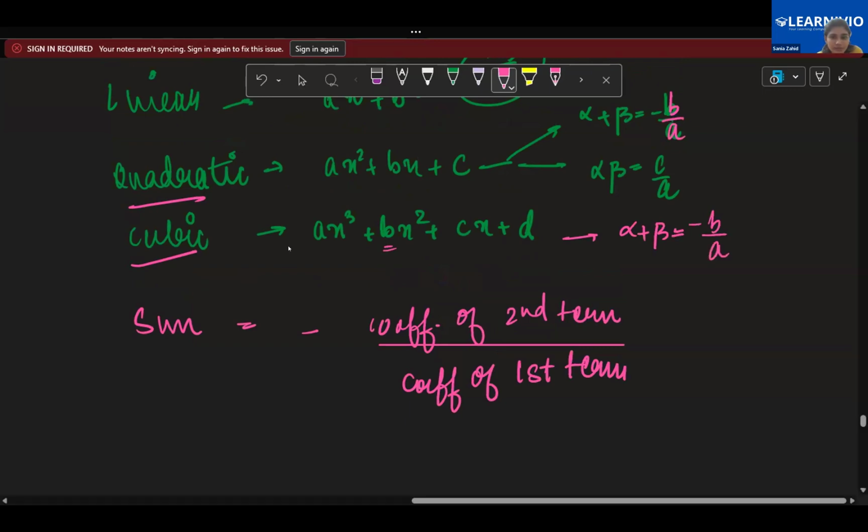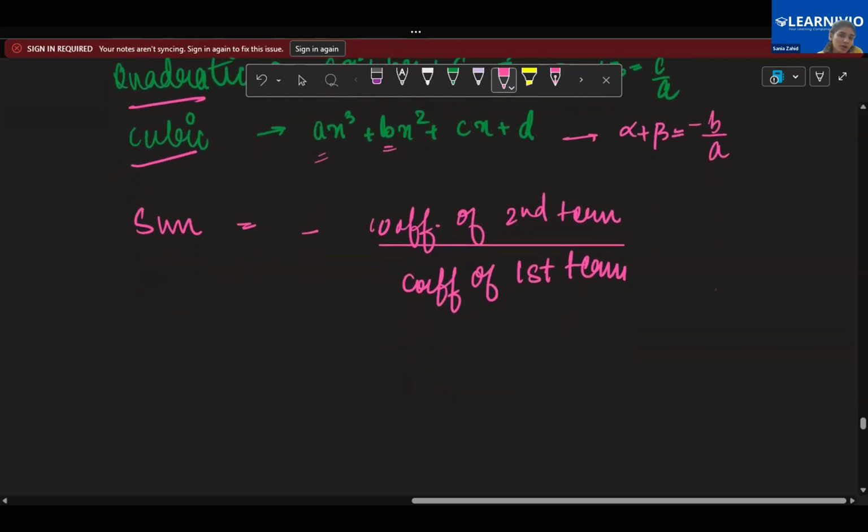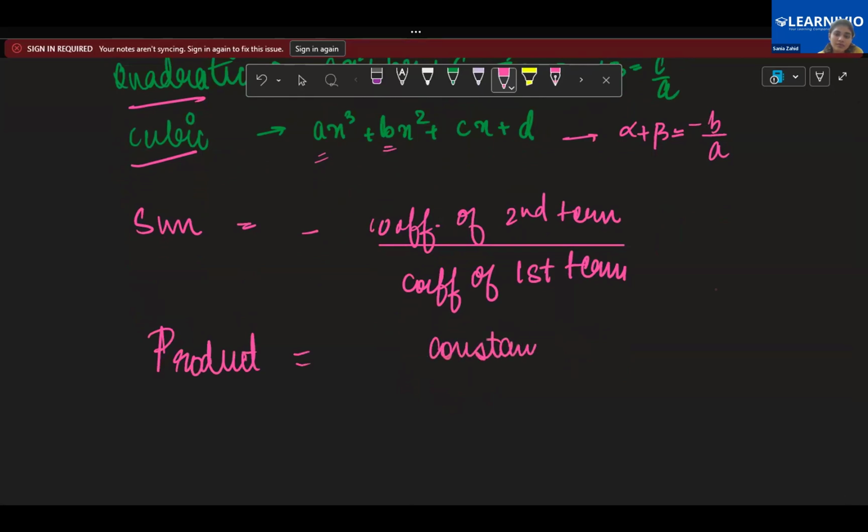Product is the constant term divided by the coefficient of the first term.